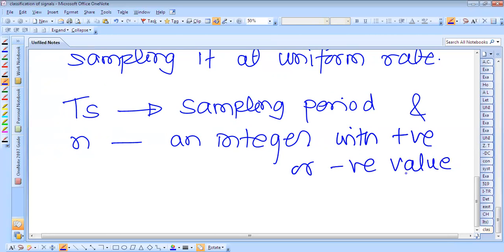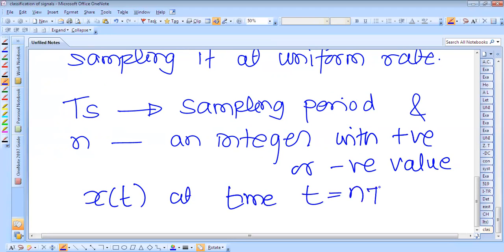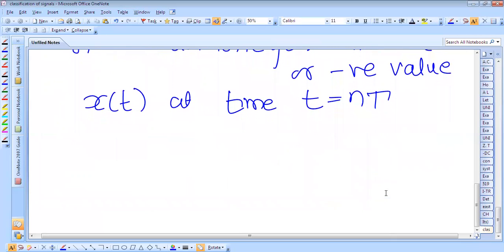So n denotes an integer with positive or negative value. Then sampling a continuous time signal x of t, we sample the continuous time signal at time t equal to nTs, which will give you the sample value x of nTs.